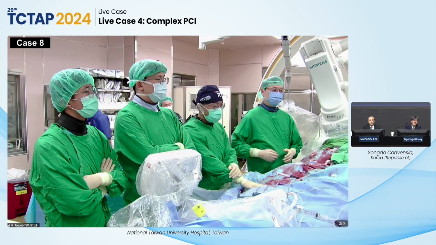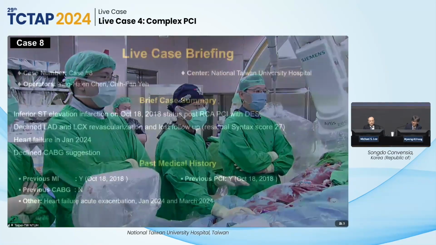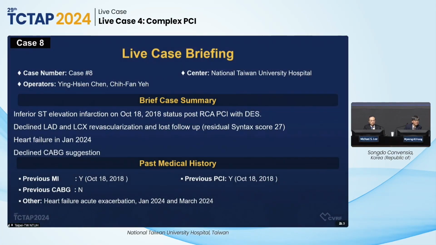Dr. Ye, please. Good afternoon, ladies and gentlemen. I'm going to introduce our case. This is a 63 years old gentleman. He has a history of inferior STEMI in 2018, but he was lost to follow-up for the total revascularization.